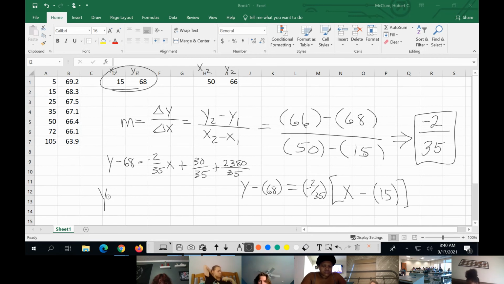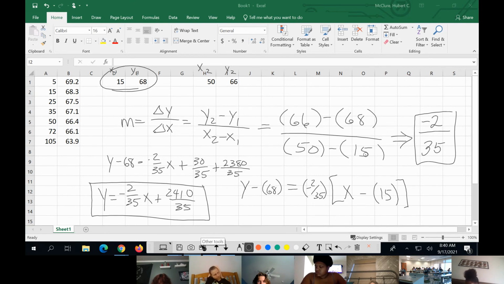And y is equal to negative 2/35 x. And that's going to be what? 2410 plus 2410 over 35. And if you got decimals, that means you can't do fractions. So you relied on the calculator, which is sad.